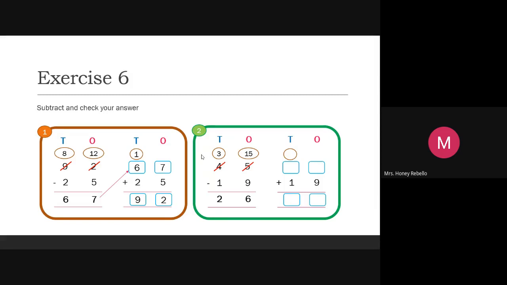Present, can you check whether this answer is correct? To check this answer, what should I do, Present? Present, you think and tell me. Ma'am, you didn't even call me.